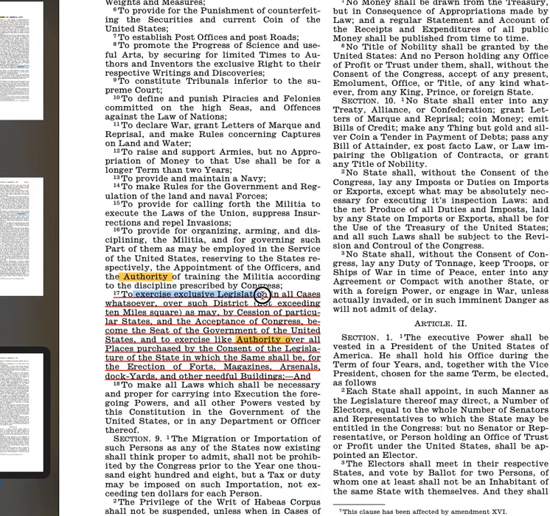It does not have those powers on those other lands that it acquired. It only has power, full power, to exercise legislation on the lands that it purchases with the consent of the legislature of the state for the erection of forts, magazines, arsenals, dockyards. So really, it's supposed to be building forts.